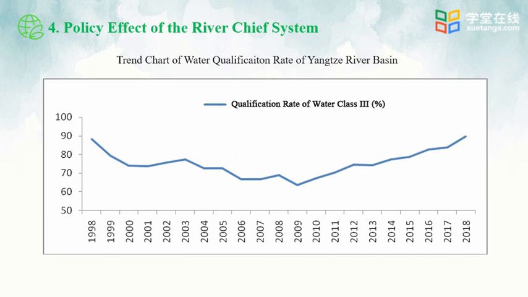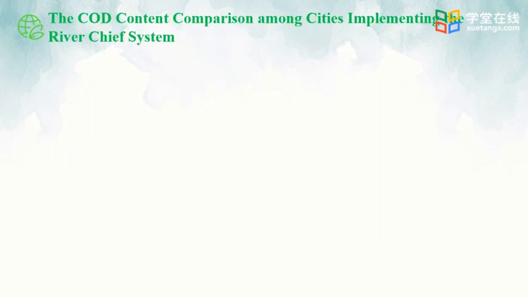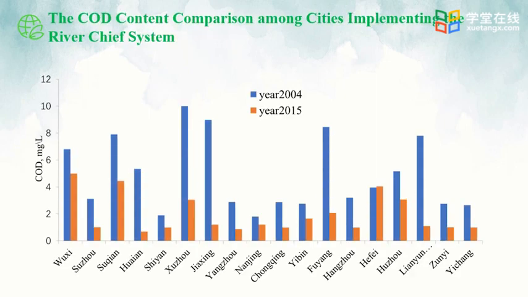However, through rigorous data model analysis, we have proved that the river chief policy has indeed played an important role in improving water quality. From the other two figures, we can roughly see the policy effect in cities implementing the river chief policy has been proved a lot.